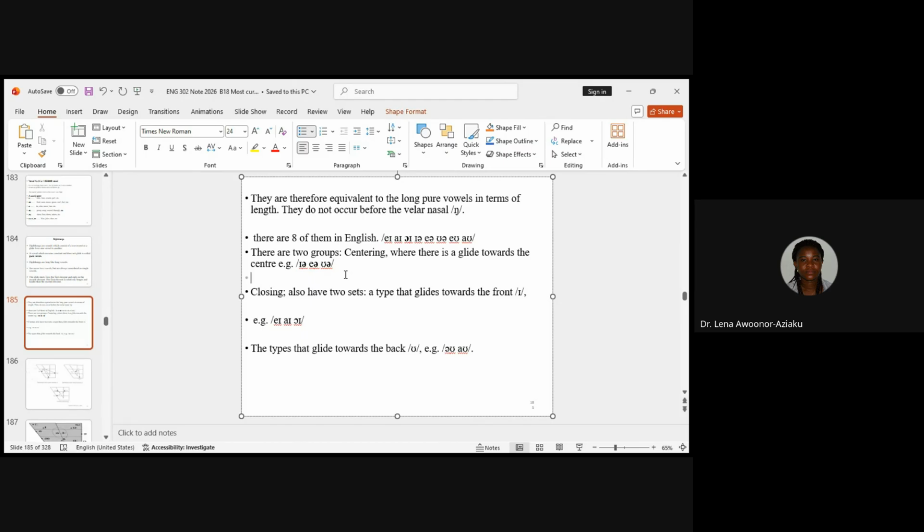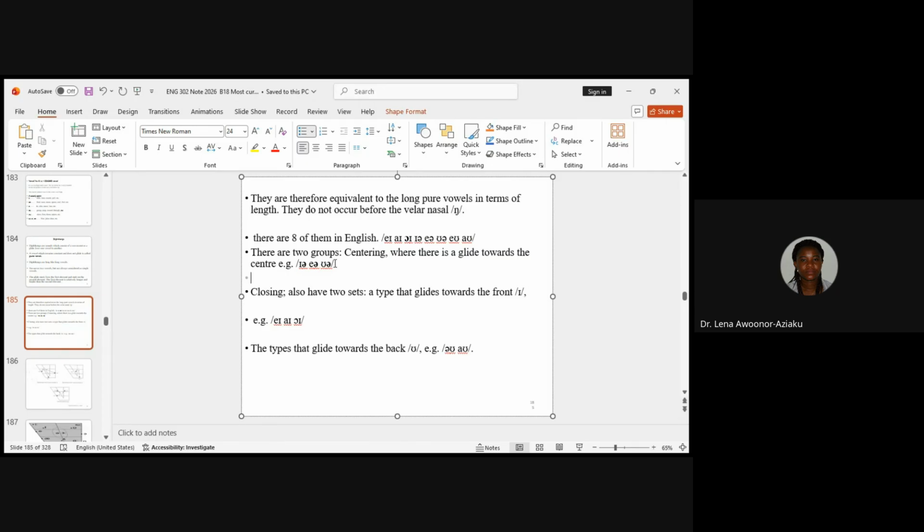So these are centering diphthongs because it doesn't matter where the glide is coming from. It could start high but end at the center. It could start from the front and end at the center, or it could start from the back and end at the center. That's why they are centering vowels.